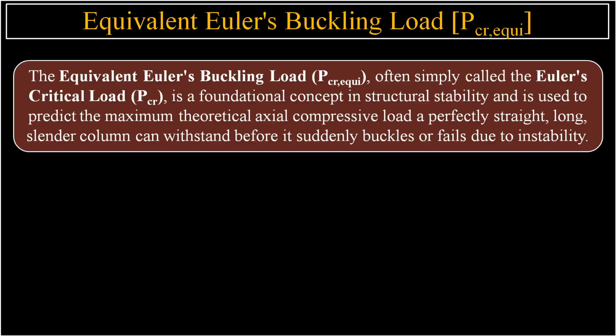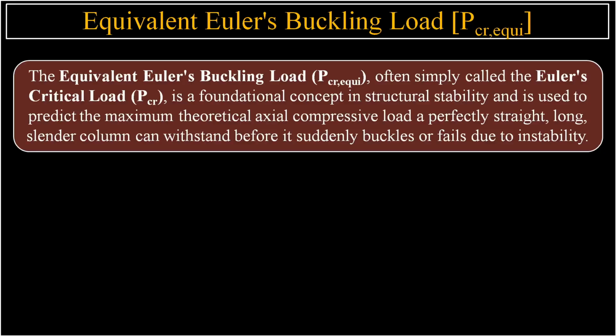The equivalent Euler's buckling load, PCR Equi, often simply called the Euler's critical load, PCR, is a foundational concept in structural stability. It predicts the maximum theoretical axial compressive load a perfectly straight, long, slender column can withstand before it suddenly buckles or fails due to instability.